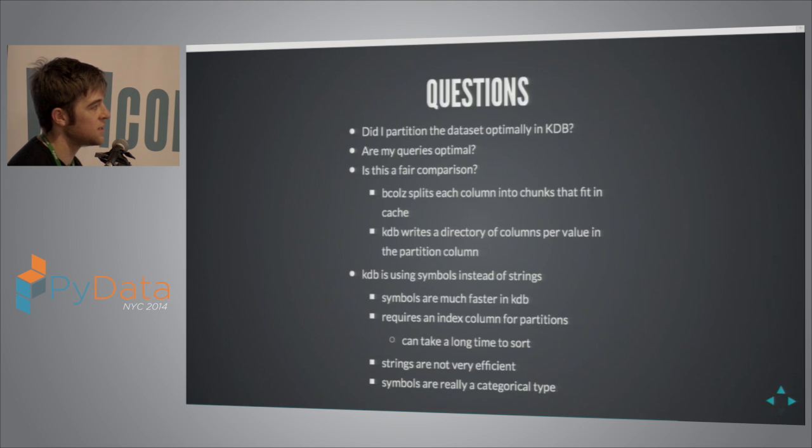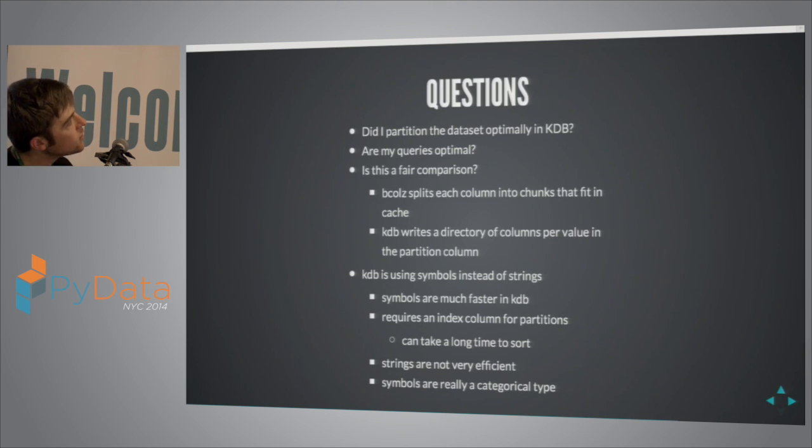Okay, so if you use strings in KDB, I suspect, I didn't run this benchmark, but I suspect that it would be much, much slower because it actually treats them as arrays. So you basically have a variable length array per row.